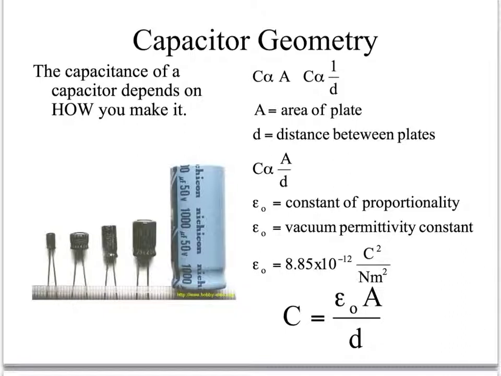When we put all of these things together, we get an equation that says capacitance is equal to the permittivity constant times the area divided by the distance. The symbol for the permittivity constant would be pronounced epsilon naught. That epsilon is a Greek letter equivalent to E, and this is the lowercase version of epsilon.